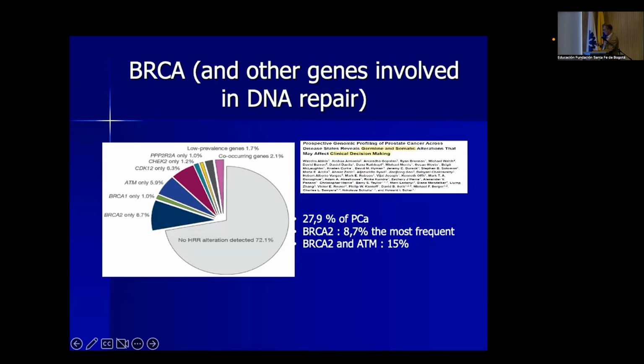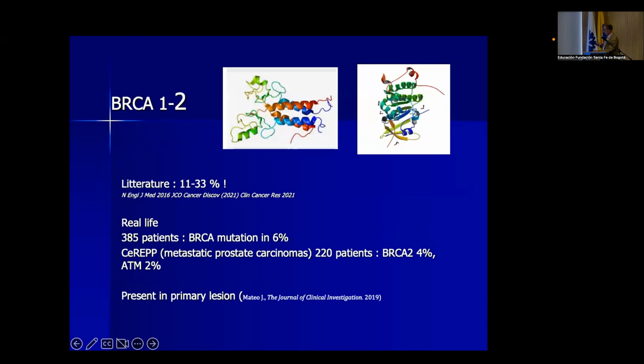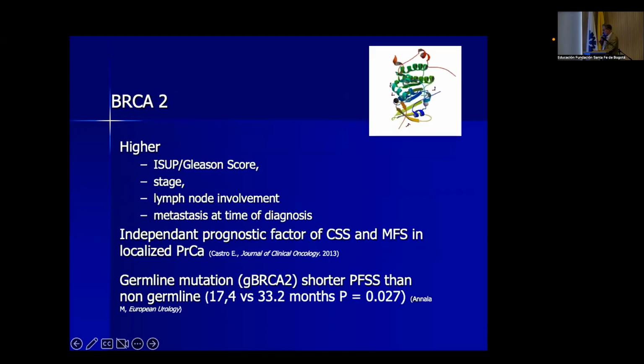The percentage of BRCA2 mutation in the total population with prostate cancer is about 6 to 7%. It's an important point. It's present in the primitive lesion in the beginning of the disease. So it's a primary event in the appearance of prostate cancer.